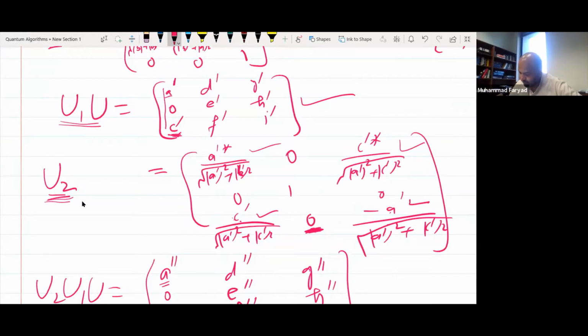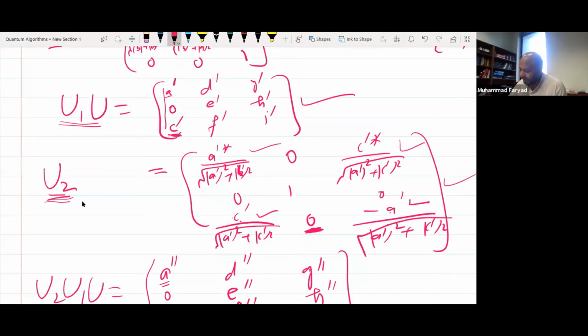We'll get a 1 here, and will it be normalized? A mod square plus C mod square. Yes, it would still be normalized. No, it will not be normal.